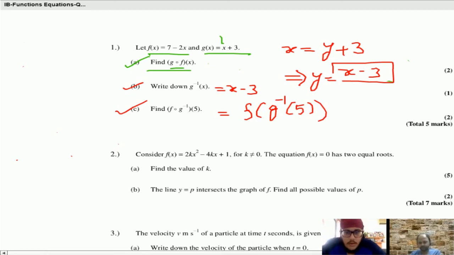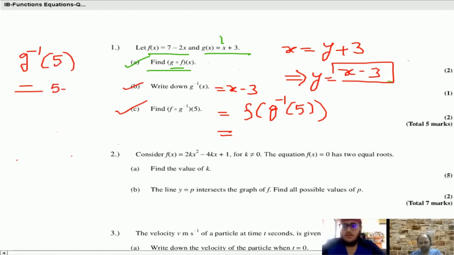So g inverse of 5 is going to be 5 minus 3.